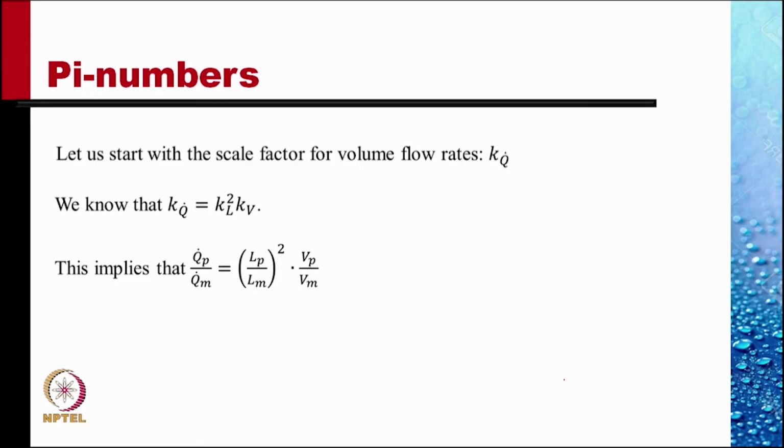We separate on the left and the right hand side the parameters and values corresponding to the prototype, and on the other side the values associated with the model. And we get Q dot divided by L squared V for the prototype is equal to Q dot divided by L squared V for the model.